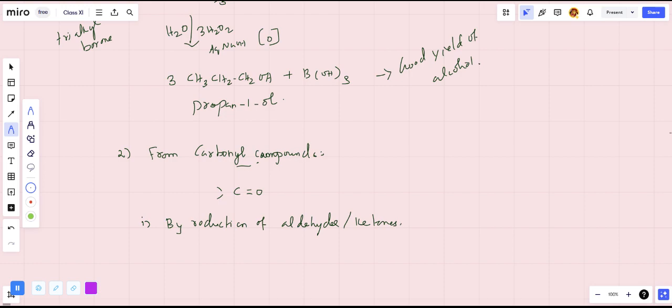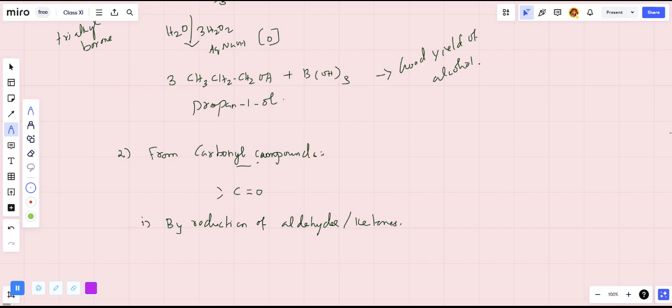That is a catalytic hydrogenation reaction. We have already seen this lesson in the 11th standard and even the 10th standard. So by catalytic hydrogenation, aldehydes and ketones are reduced to the corresponding alcohols.